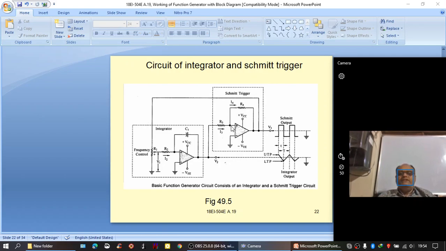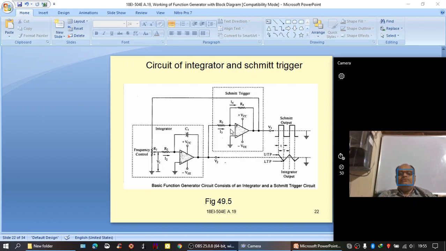Here you have to find out the voltage using the superposition principle. That is, let us assume that V2 is 0 for some time, and it is V3 by (R4 plus R3) into R3, plus, assuming V3 to be 0, V2 by (R3 plus R4) into R4. That is the voltage available here using the superposition theorem.